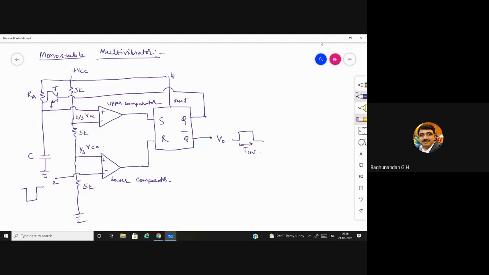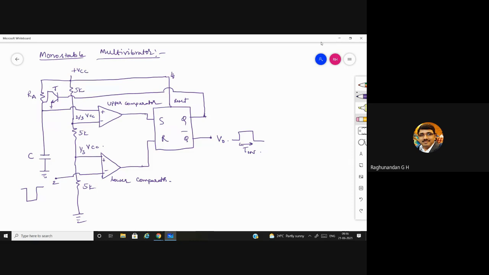That's why it is known as the 555 timer. It has three 5 kilo ohm resistors connected in a voltage divider circuit. That is why the name 555 IC.